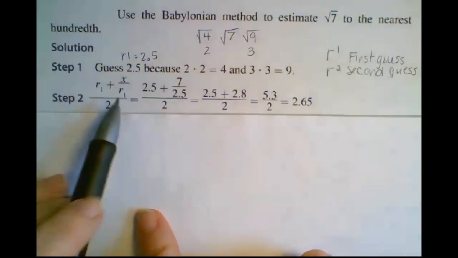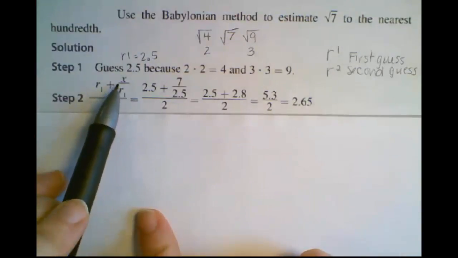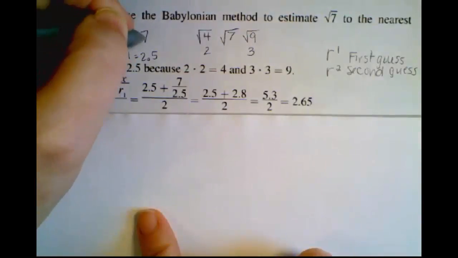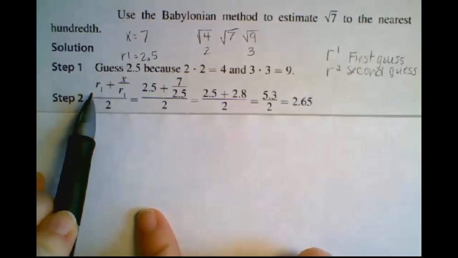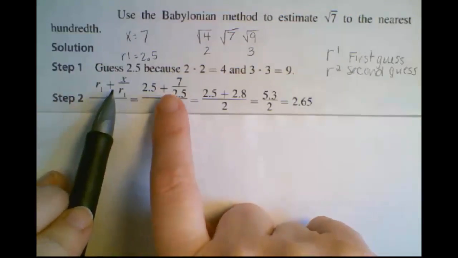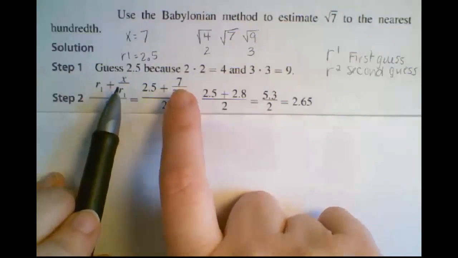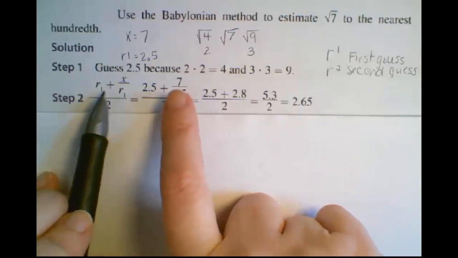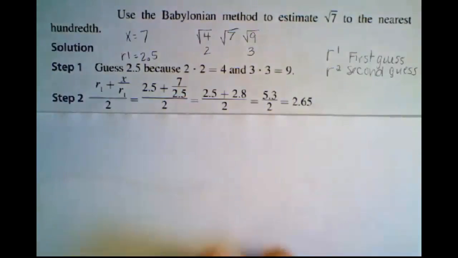It's your radicand. So you're taking your radicand, X equals 7, divided by your guess. So you're taking your guess, 2.5, plus your radicand divided by your guess. And so you're adding those two together, and then you're going to divide that all by 2.